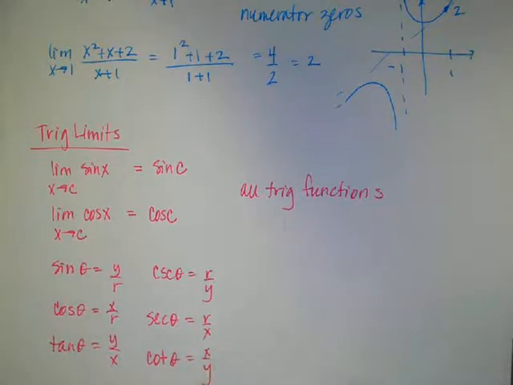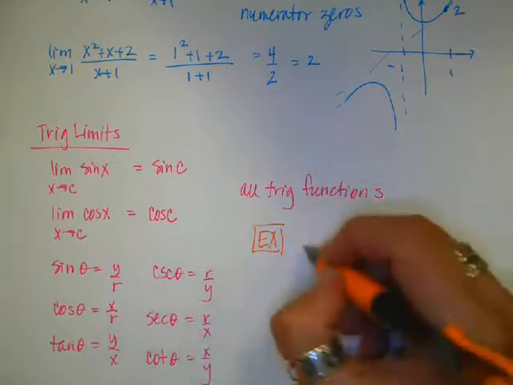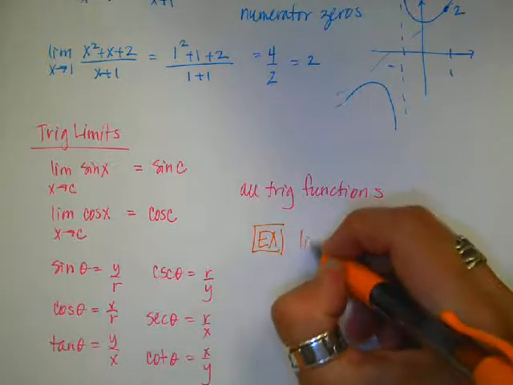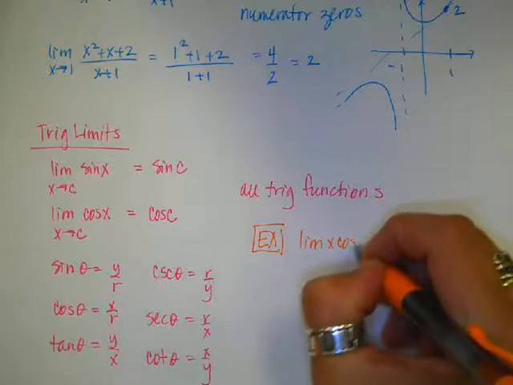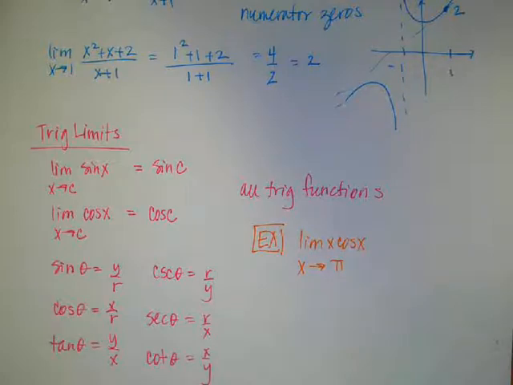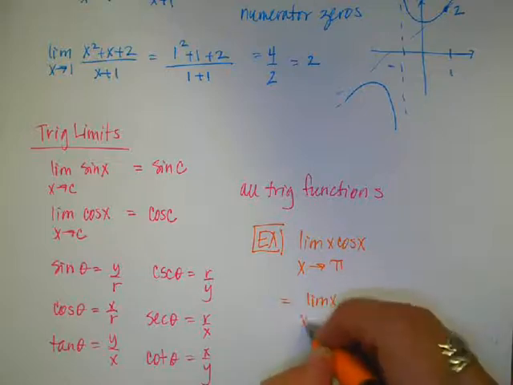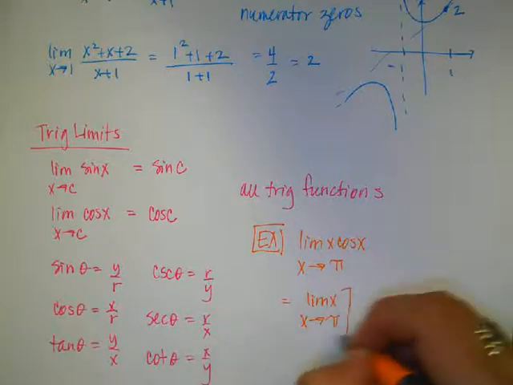All right, let's do another example. We want to calculate the limit of x cosine x as x approaches pi. I could split this up to be the limit of x as x approaches pi times the limit of the cosine of x as x approaches pi.